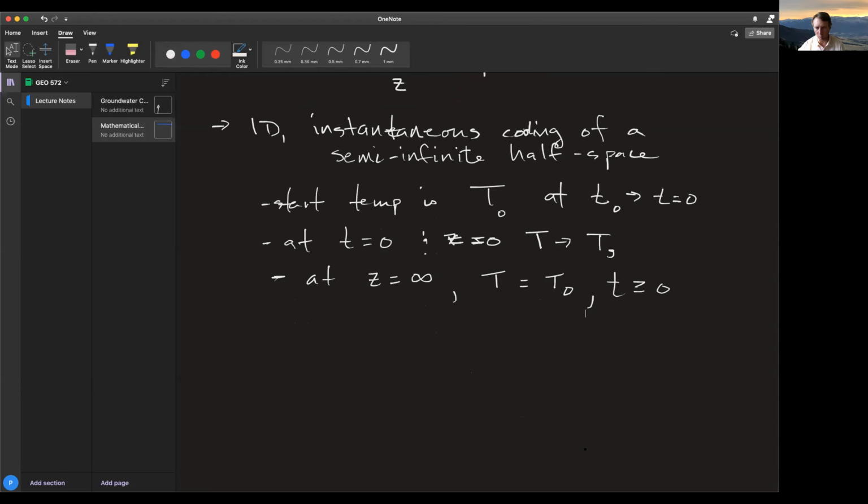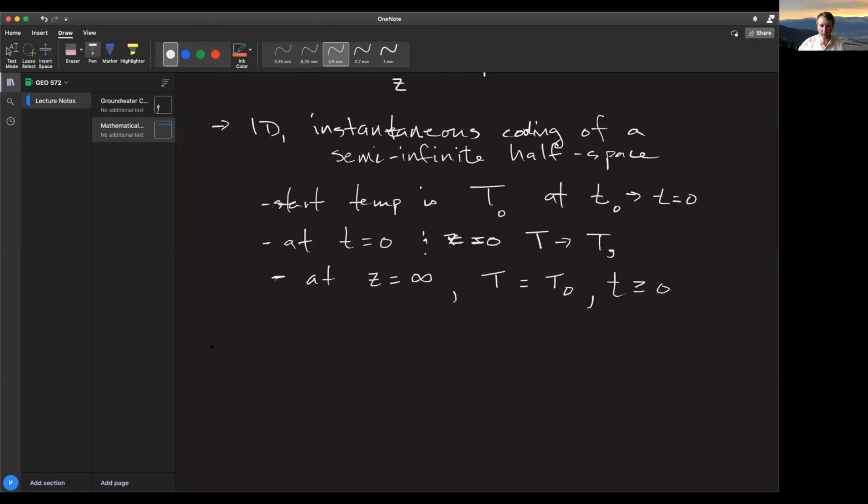I'm saying it's a 1D cooling. We're starting off at an initial temperature, and then the temperature at the surface is changing. And the temperature at great depth is staying the same. So I figured out some simple way to mathematically describe what's happening that simplifies the physical process. That's the mathematical model.